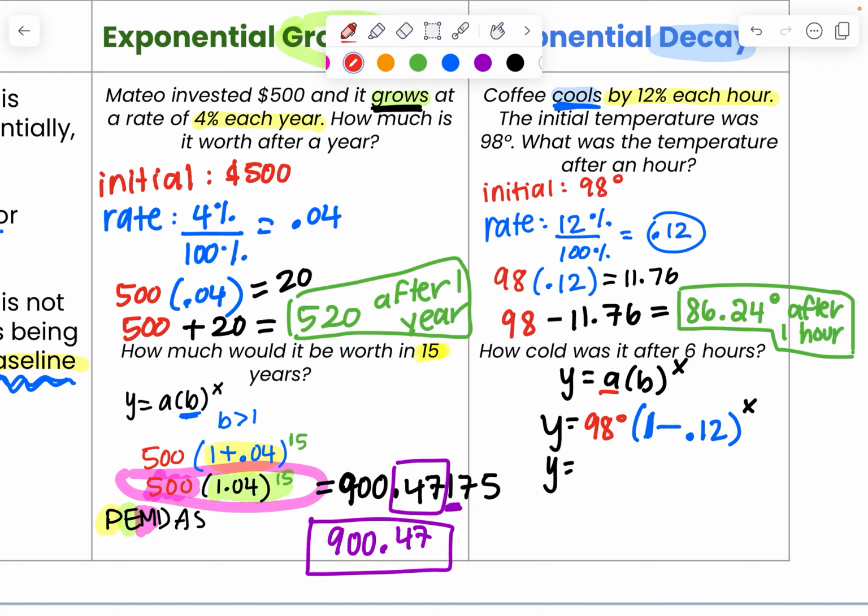What this really means is we have 98 degrees and I have this (1 - 0.12), and I want to know what it will be after 6 hours. So we'll make our exponent 6.